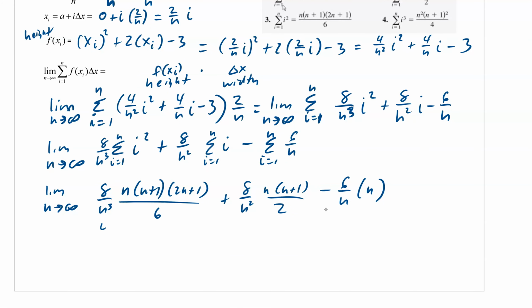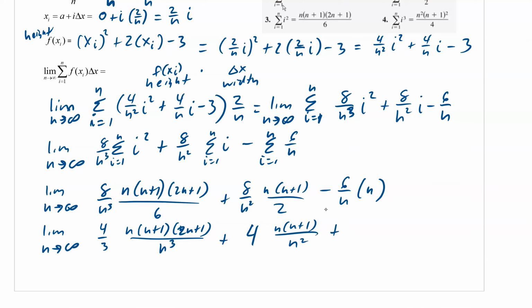Now 8 over 6 would be 4/3. We rewrite the limit as n approaches infinity. And then if you remember, we're going to take that n cubed and give it to each of these. So I'm going to rewrite it just so that we have it in that form. 8 over 2 is 4. And then that would be 6.